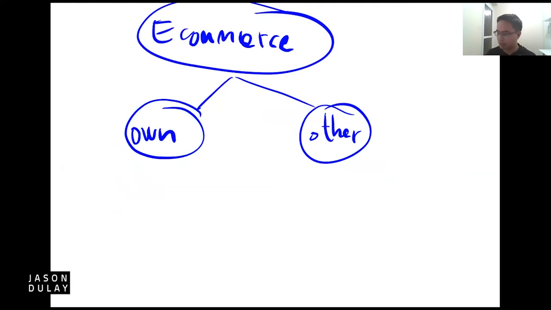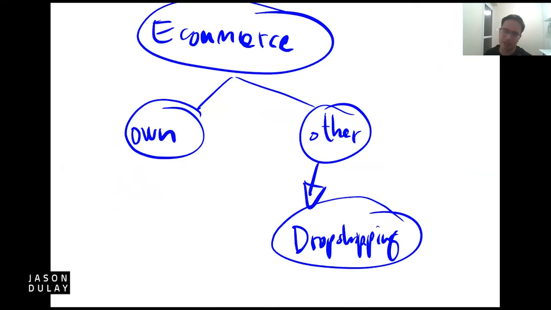And the most popular way of selling other people's products is with drop shipping. When you're selling your own products, I won't discuss that too much because that's pretty easy to understand. You have products, either you make them or you buy them from someone else and they're yours now, and then you sell them.